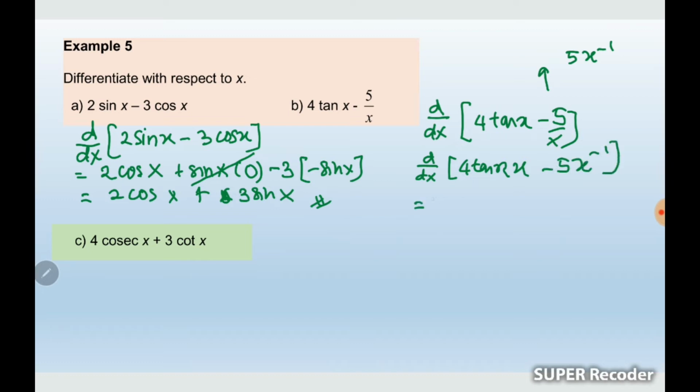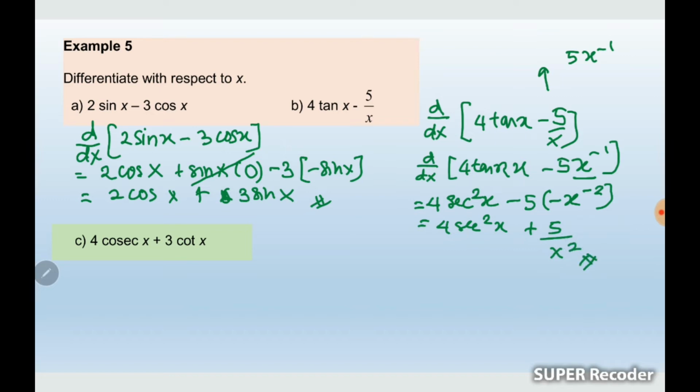The answer is 4 times, differentiate tangent, the answer is secant squared x. Don't forget the squared. Minus 5, differentiate x to the power of negative 1, you have to bring the negative in front, x to the power of negative 1 minus 1, negative 2. So the answer is 4 secant squared x plus 5 over x squared. So this is the final answer.